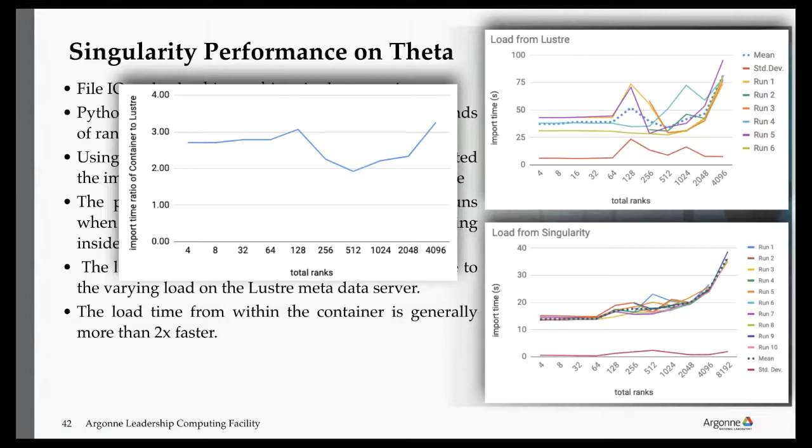Traditionally people talk about doing static builds of binaries so that you avoid these kinds of scaling problems, but obviously you can't do that in Python, at least not without some additional libraries.